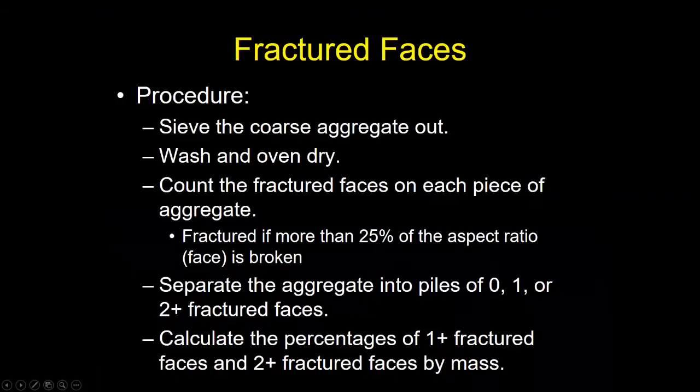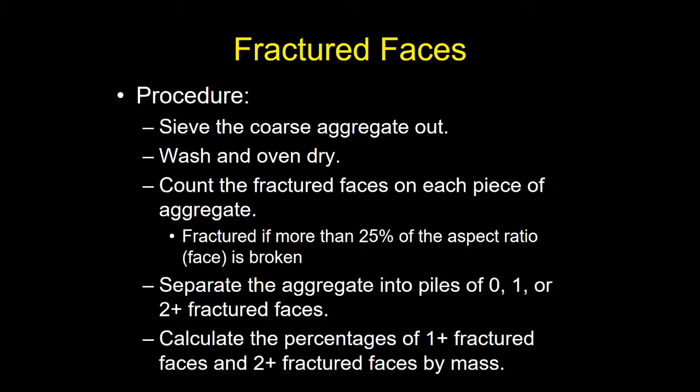So the procedure: you want to sieve the coarse aggregate out. You want to keep all that coarse aggregate. You don't want to do this test on smaller stuff. Then you wash and oven dry it again to remove moisture. You'll count the fractured faces on each piece of the aggregate. Fractured face is more than 25% of the aspect ratio or face is broken. So on one face, if 25% of it is broken, then you can consider it fractured.